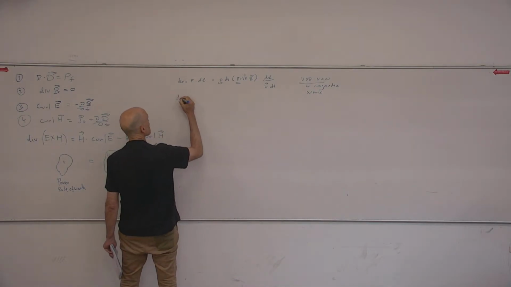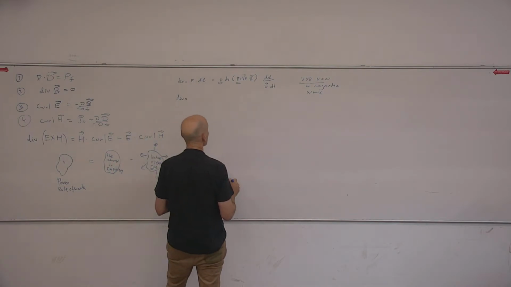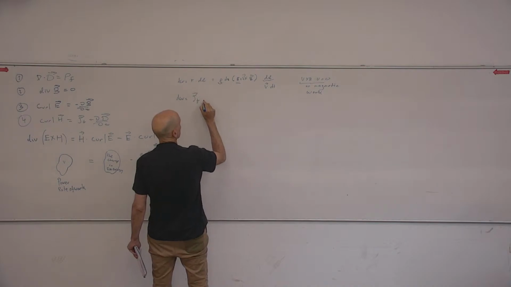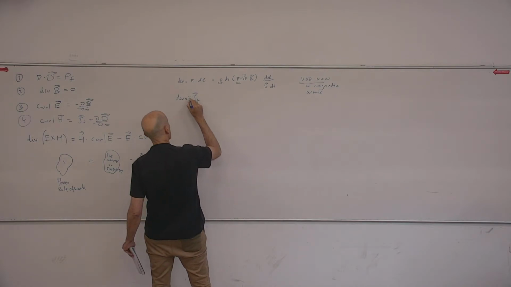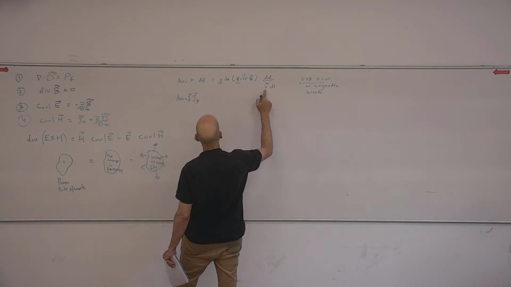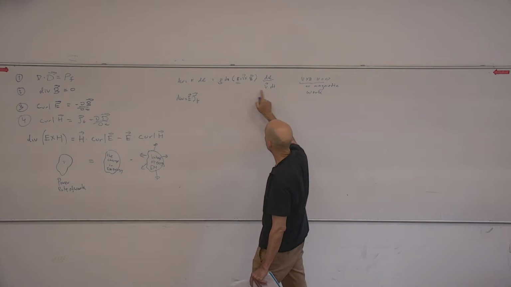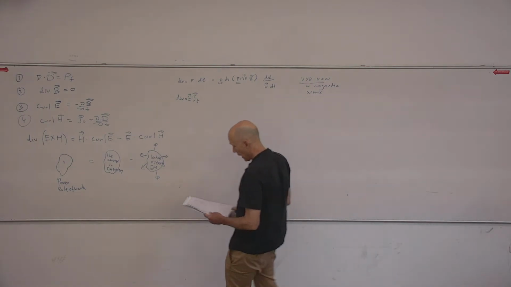So the bottom line is that d omega is equal to J free, more correctly, E dot J. V gives you the J together with rho. So V times rho is J, as I explained already previously.